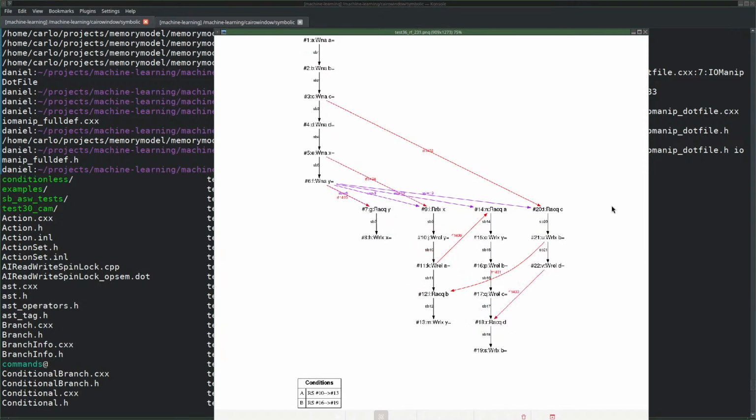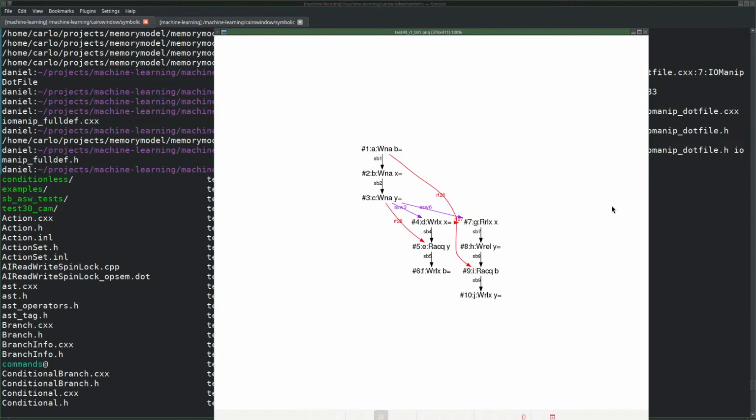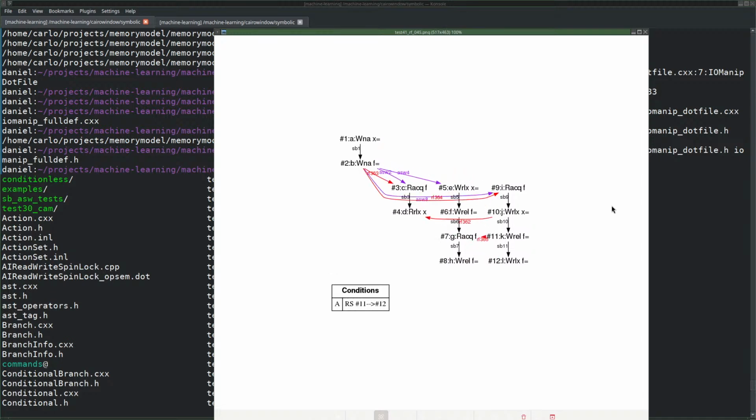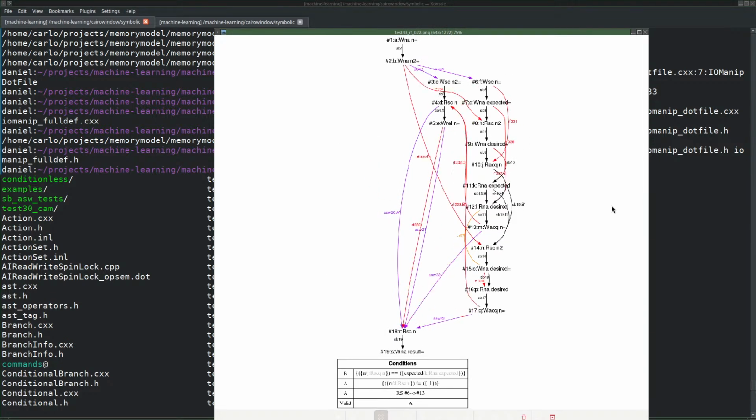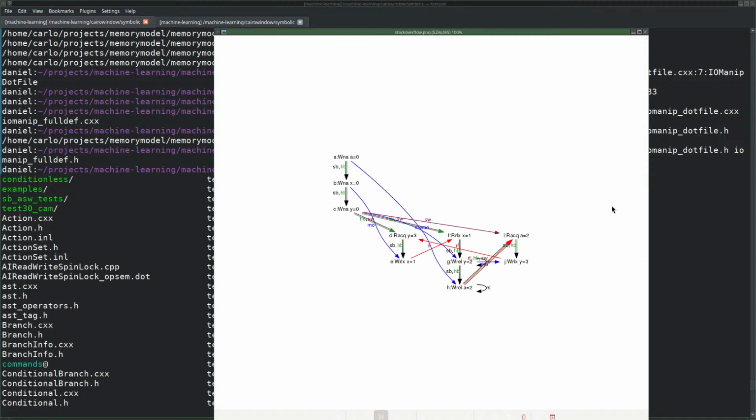Lots of possibilities. Yeah, pretty cool.